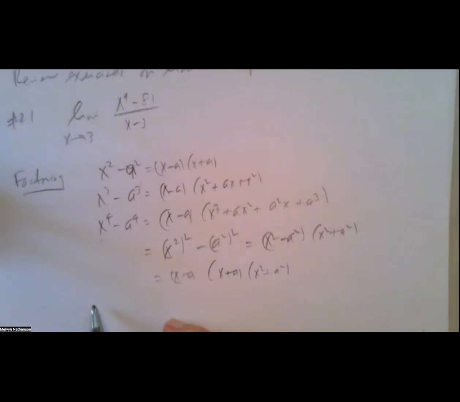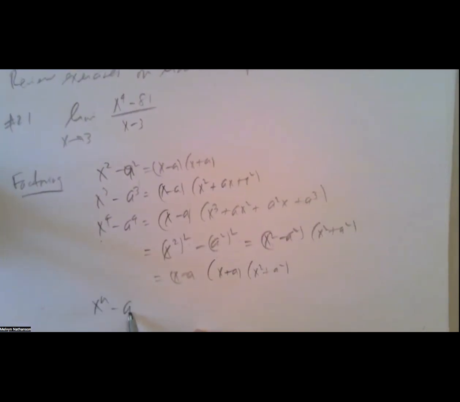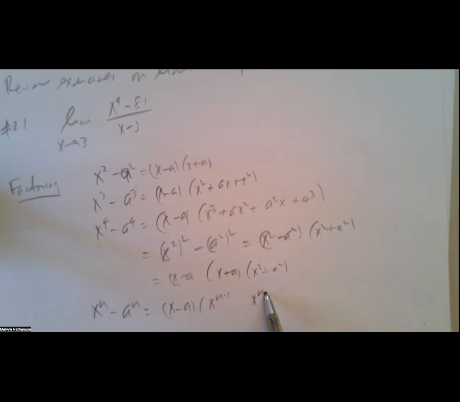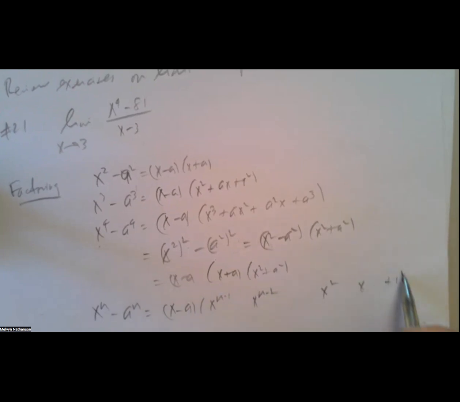In general, x to the n minus a to the n always factors. There's a factor of x minus a. And then you have decreasing powers of x down to 1 and increasing powers of a.